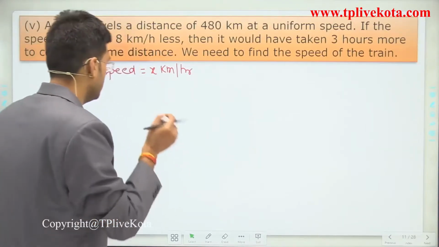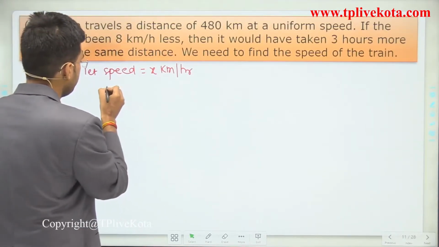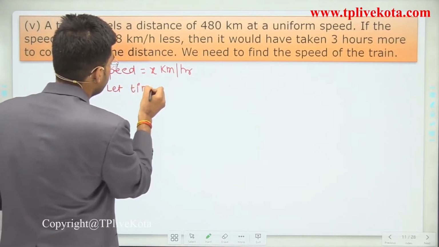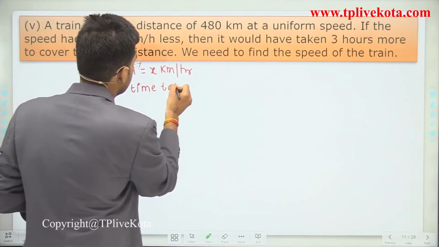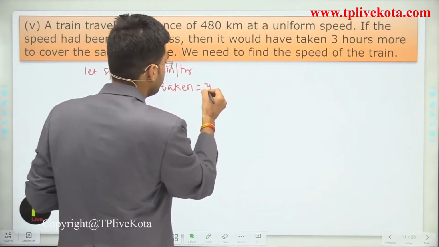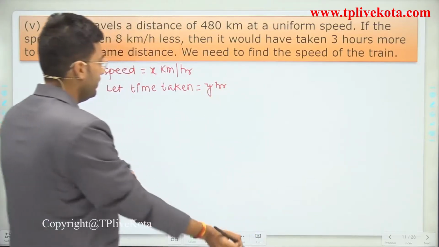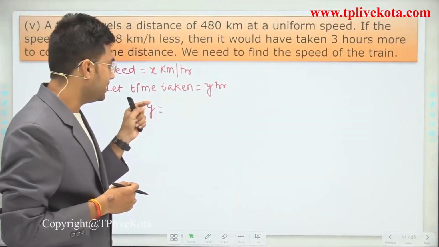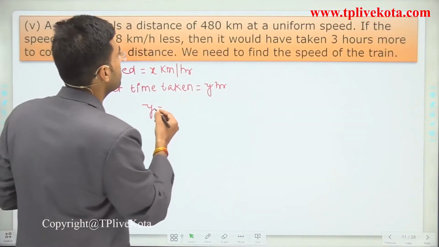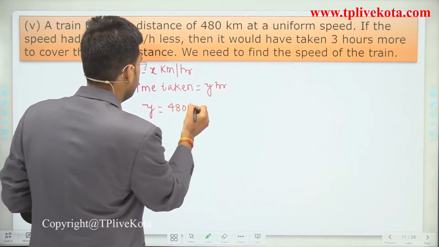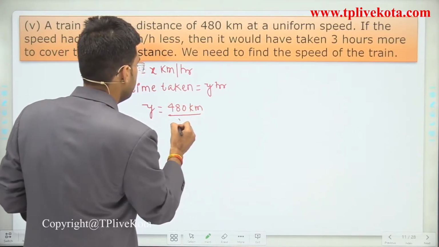Okay, so initially let the time taken, or required time, be y hours. Then time is equal to distance divided by speed, and the distance is 480 kilometers and the speed is x.